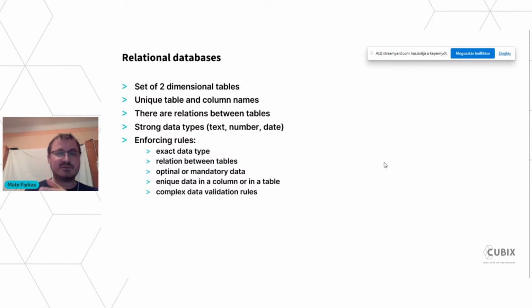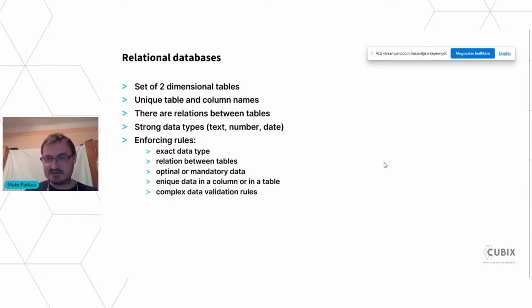There are relations between the tables, of course. There are strong data types. We can use different data types like number, date, or floating numbers, or text, or some other data types. However, in Excel, we cannot use data types. We can just use formats, how to display the data, but that's not the data type.